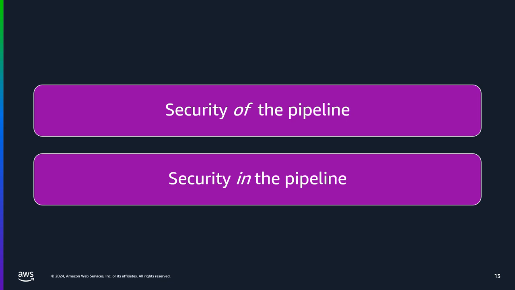This component focuses on having a secure infrastructure for your pipeline and the environment within which it lies. The second one is security in the pipeline, and the goal with this component is to have various security checks integrated into your software development lifecycle process.